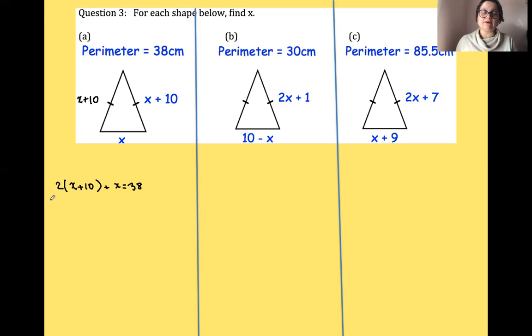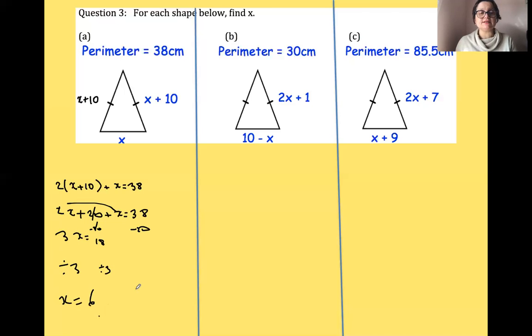When we have brackets in an equation, you must expand the bracket first: 2x plus 20 plus x equals 38. Now 2x plus x make 3x, these are like terms. If you take away 20 from both sides, we have 3x equals 18. Divide by 3 on both sides, and the answer is 6. So x equals 6.